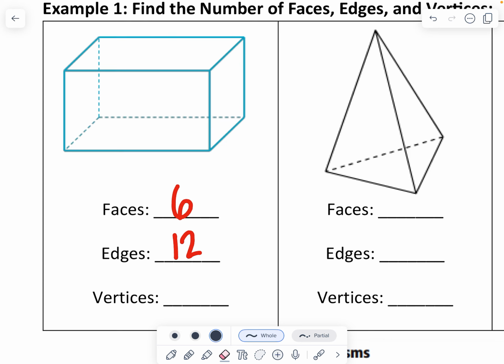And then the last thing we're going to look at is vertices. So remember, those are the points. So that's 1, 2, 3, 4, 5, 6, 7, 8. So this means that has 8 vertices. So it has 6 faces, 12 edges, and 8 vertices.